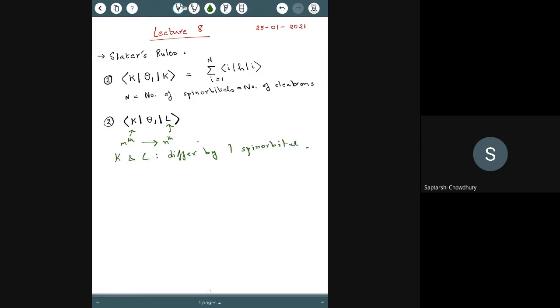So let me write K now. So K is what we had originally, that is 1 by root 2, let's say chi 2 1. I think this is how I was writing it. And L is, let's say, 1 is the same, and chi 2 has become chi 3.